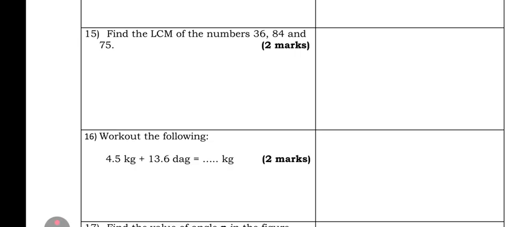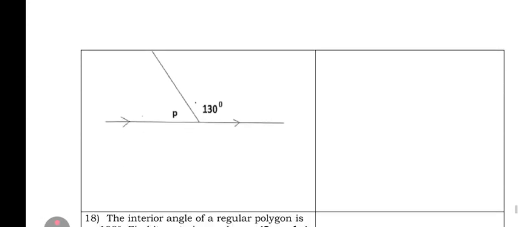You have to convert it into kilogram. As you see decagram here, you first translate it into kilogram so that it is easy to add to 4.5 kilogram and get the answer in kilogram. Very easy questions. This is calculating the remaining angle p, and this line shows 180 degrees. If this angle is 130, you have to know what p is equal to.